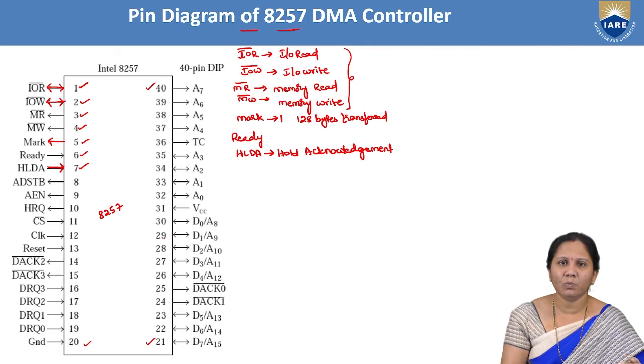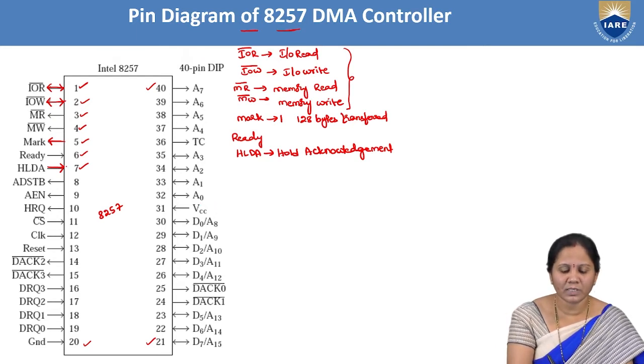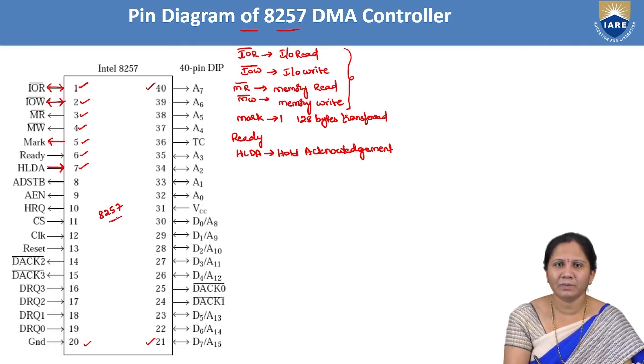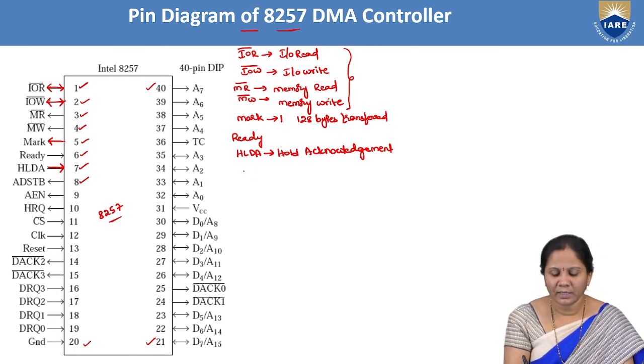This HLDA signal will be coming from the 8086 microprocessor, because the HLDA signal of this 8257 DMA controller will be connected to the HLDA signal of the 8086 microprocessor. And next, the eighth one is ADSTB. ADSTB represents address strobe.